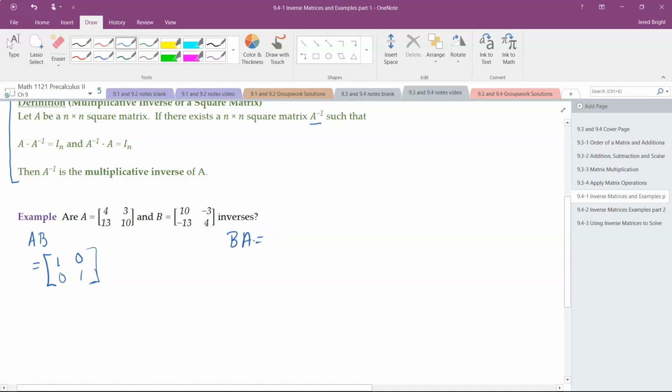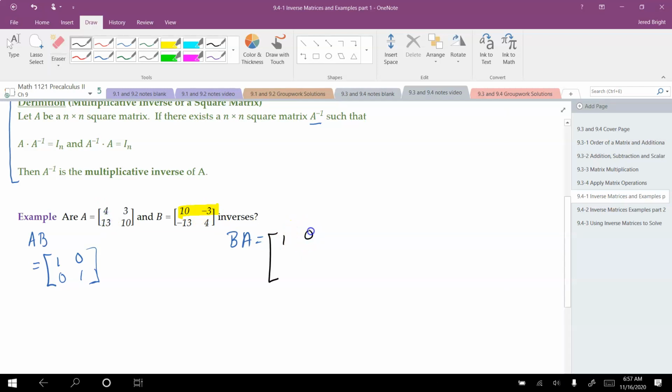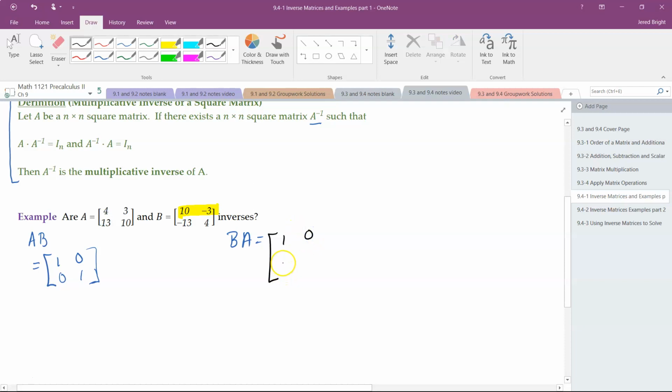So let's check BA. Now I'm doing row of B times column of A. Again I'd have 40 minus 39, that's 1, and then column 2, and yep, that's 0, and then 0 and 1.